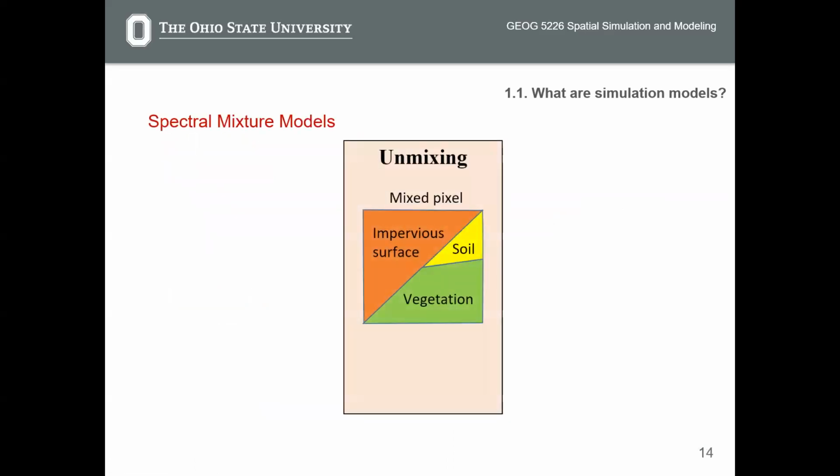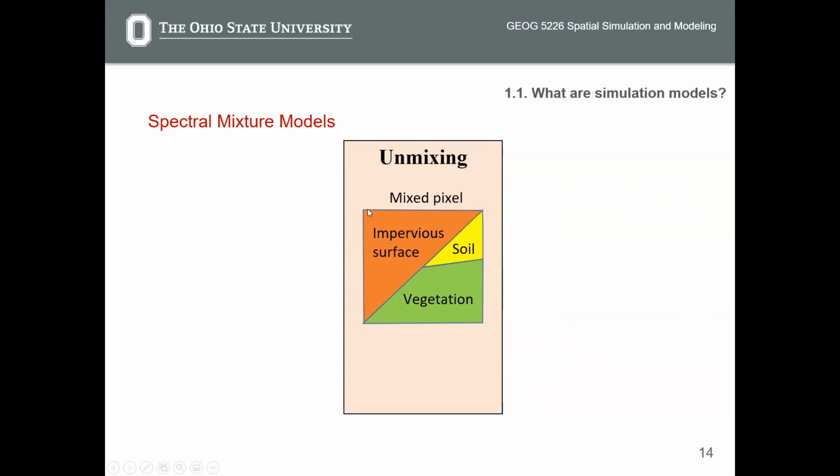And here is an example from remote sensing. It's called the spectral unmixing model. In a remote sensing image, each pixel is representing a specific area in the real world, right? For example, we have a pixel with 3 land cover types: impervious surface, soil, and vegetation.